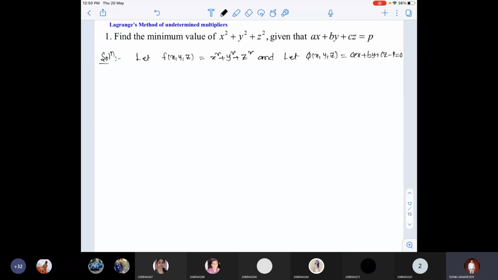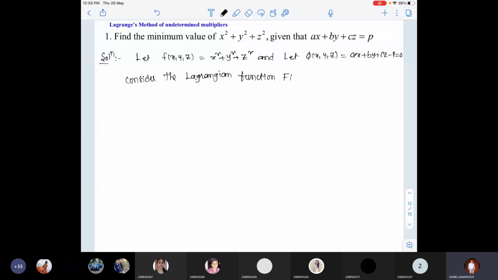What is the next one? First step, consider the Lagrangian function. What is the Lagrangian function?